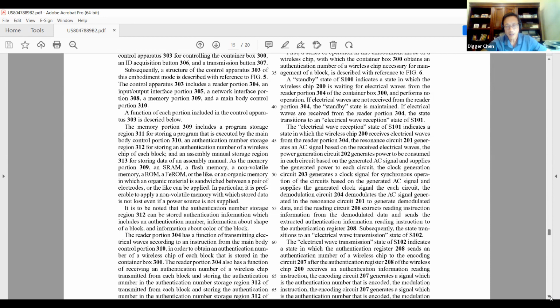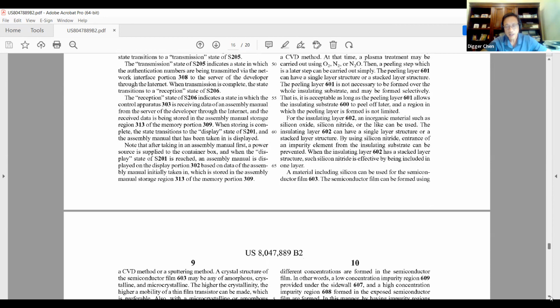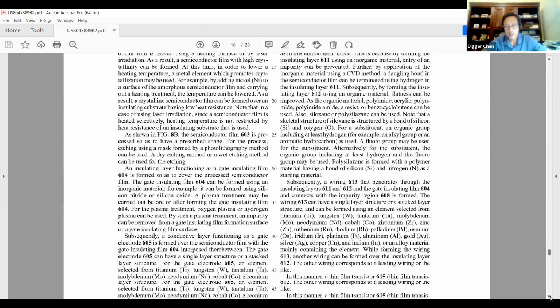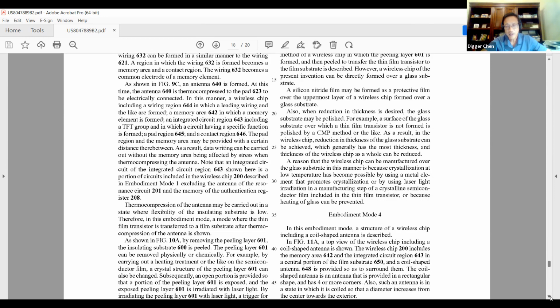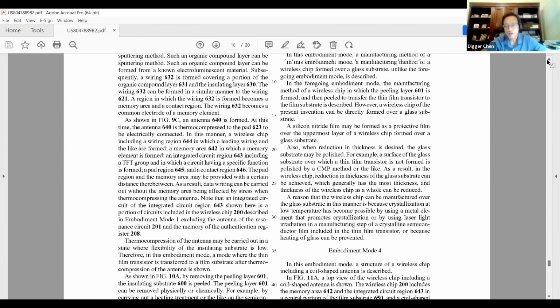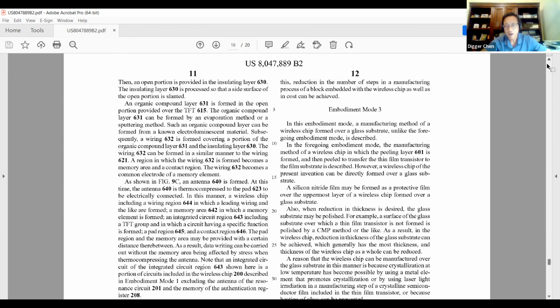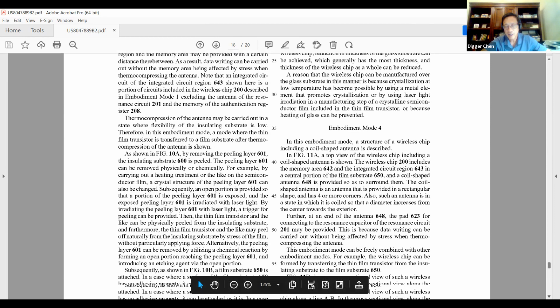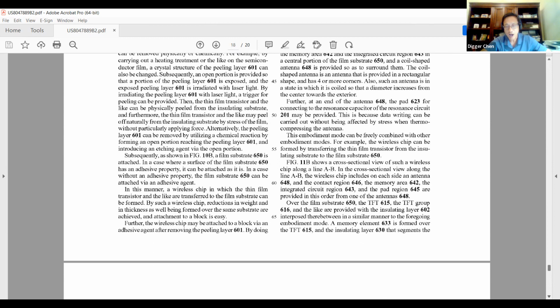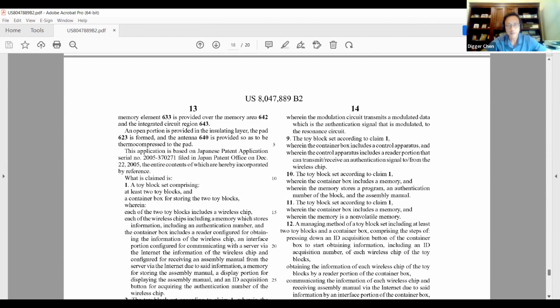All the figures are described. And then you have what is called an embodiment. They give you examples of embodiment mode 1, mode 2, mode 3. Basically, those are examples of how this invention is going to work.